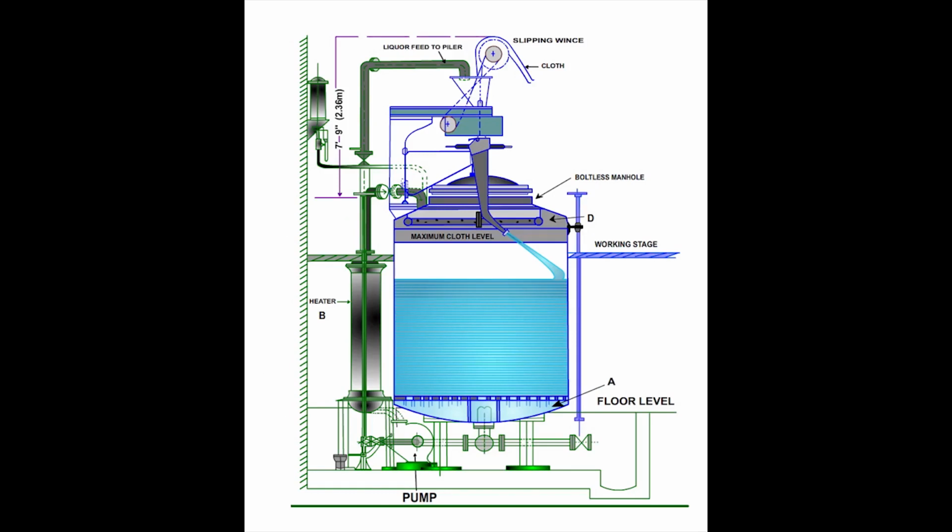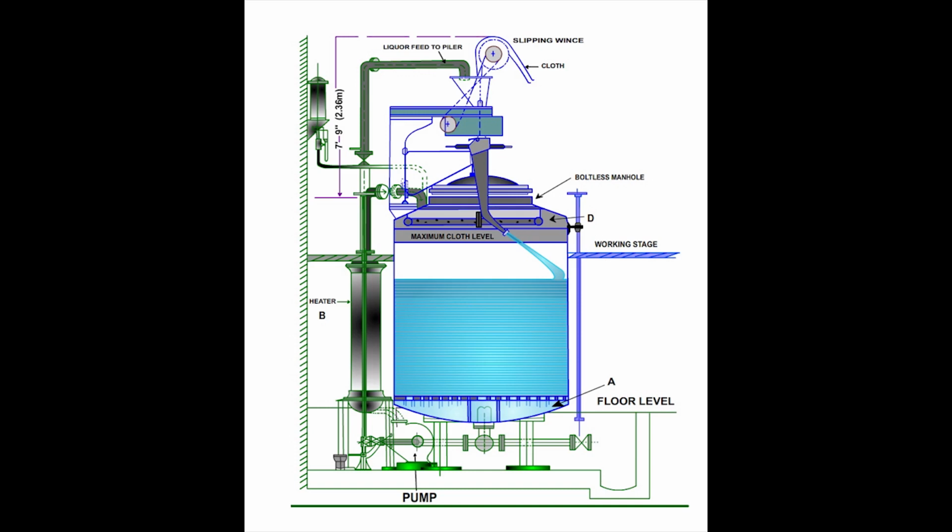So when we consider the modification of gear, there are so many modifications presented in various journals. For example, if you take open gear, closed gear, vertical gear and horizontal gear, like that. One of the modifications is indirect heating of the liquor.